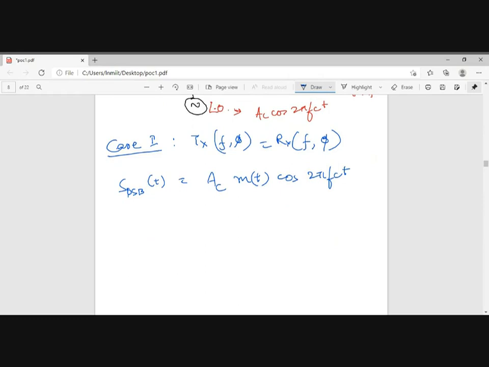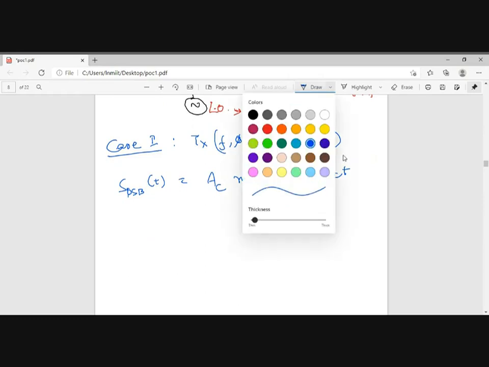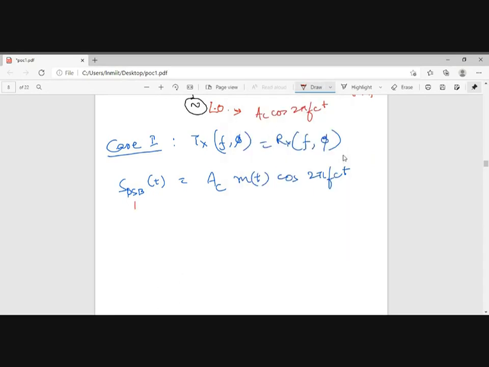So this is what we received. Then we have to multiply it, because there is a multiplier available.